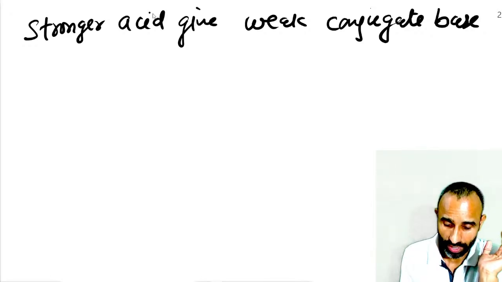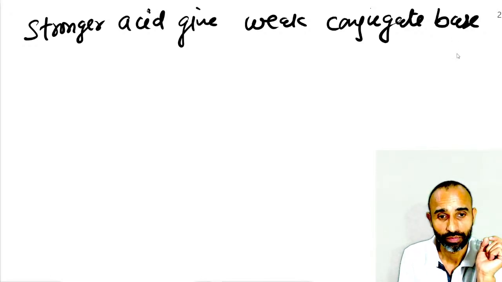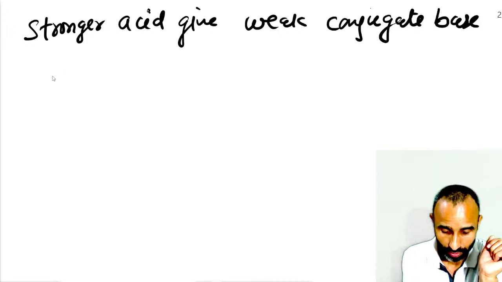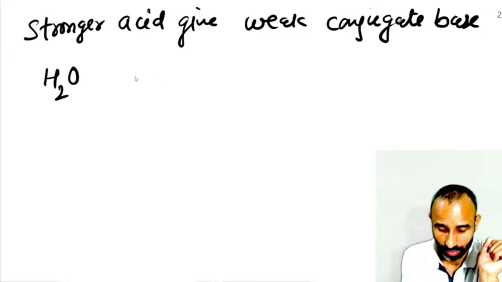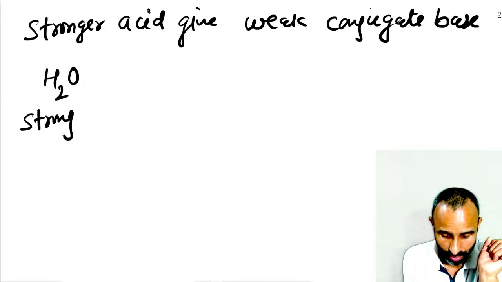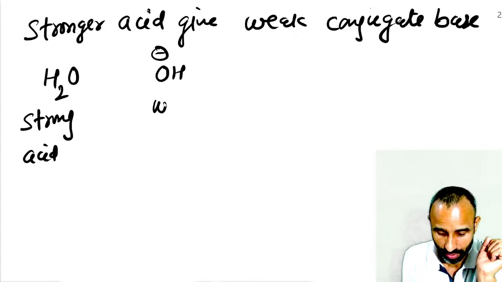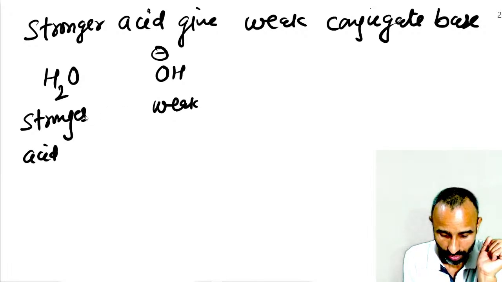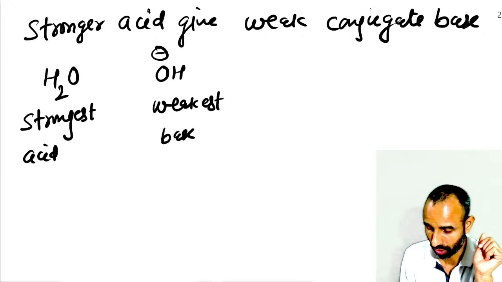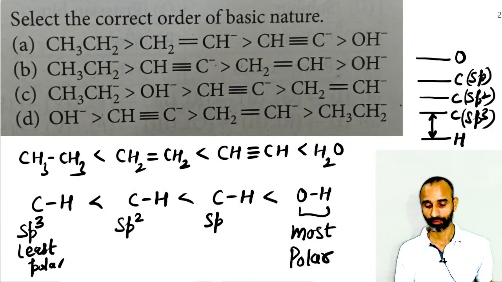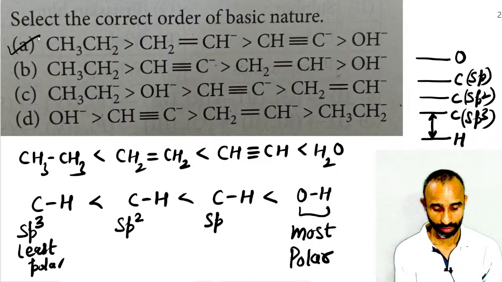So a stronger acid has a weak conjugate base, and therefore H2O is strongest among these four, and if H2O is taken as a strong acid, OH negative is a weak base. Out of these it is strongest, so it is the weakest base. That's why option A is correct.